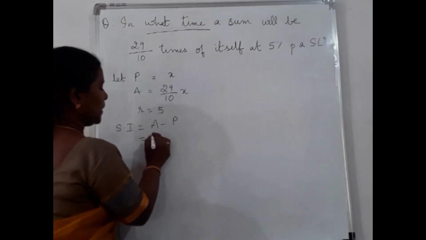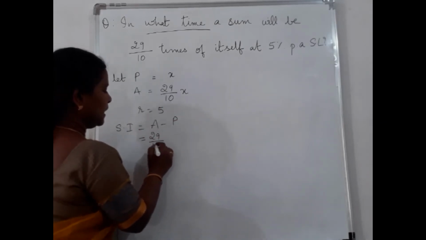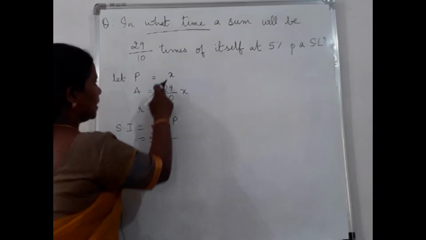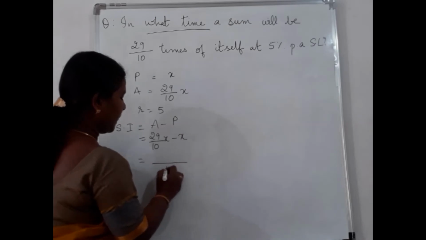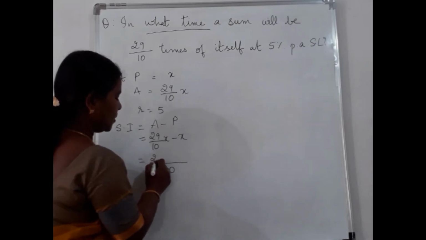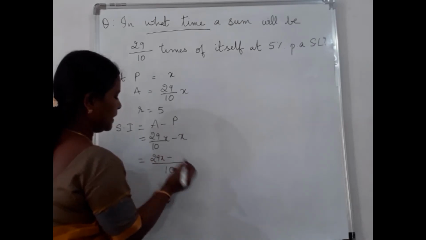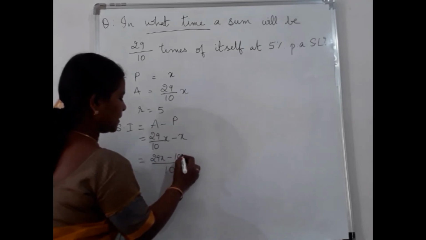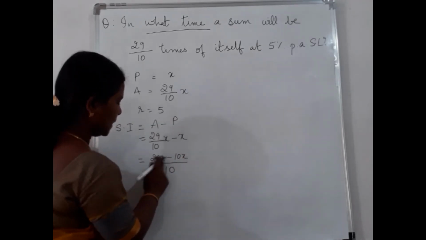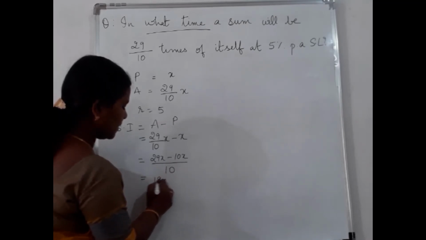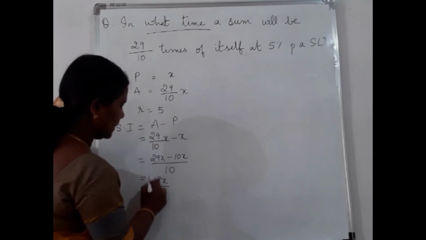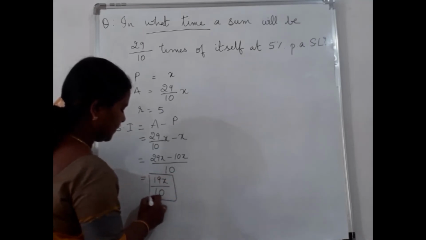Amount is 29 by 10 x minus principal x. Take LCM 10: 29x minus 10x, which is 19x by 10. That is the simple interest.